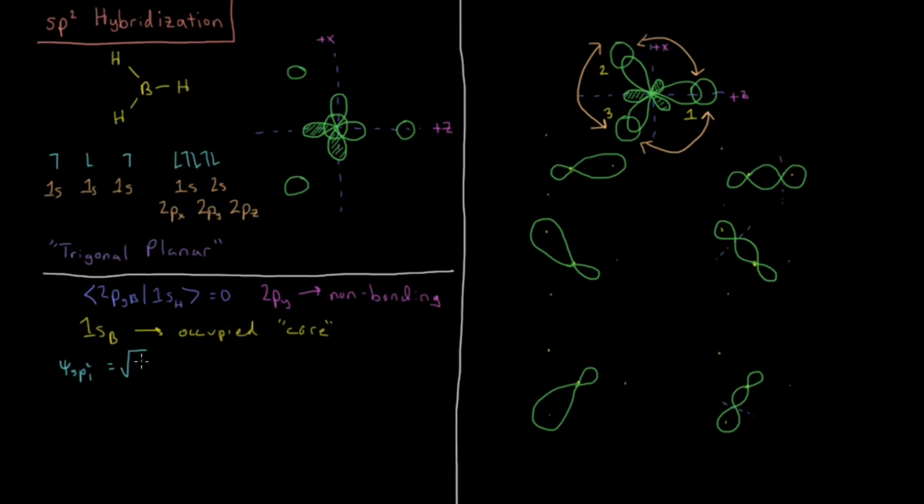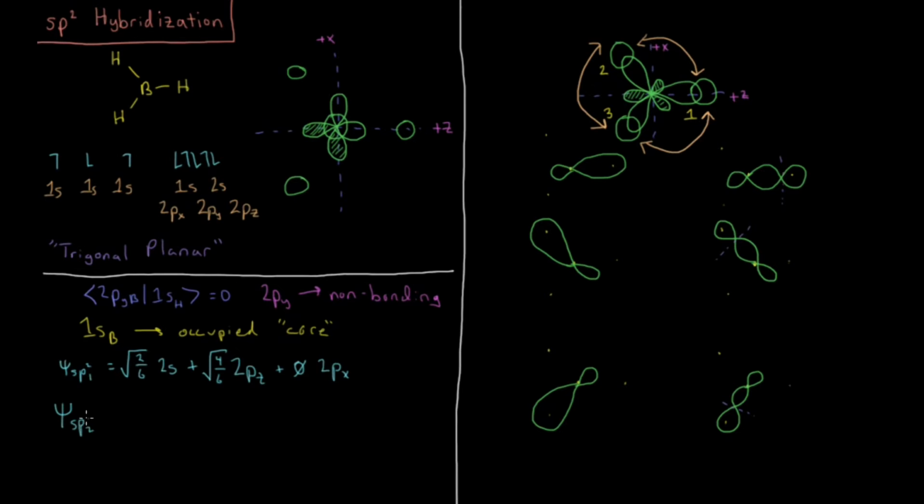So I'm going to do the square root of 2 over 6 of 2s on the boron, plus the square root of 4 over 6 of the 2pz, plus 0 for 2px. Okay, that's our first one.